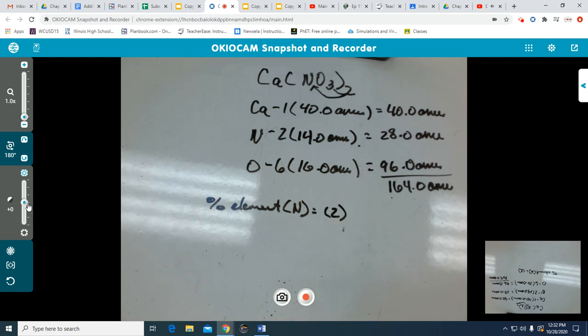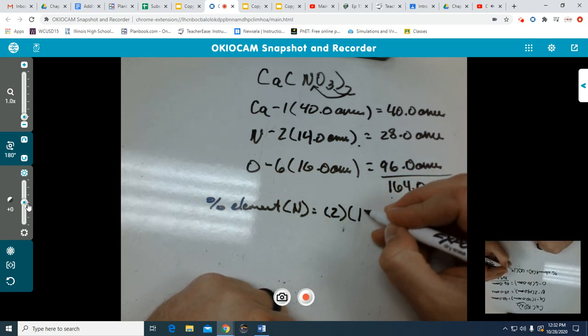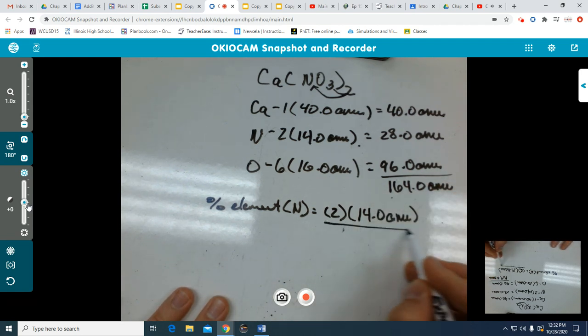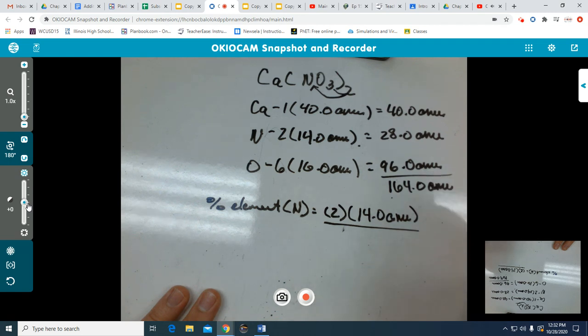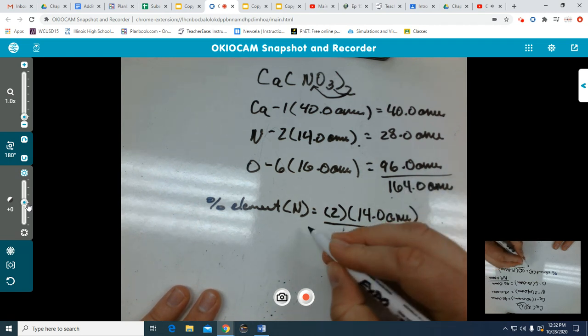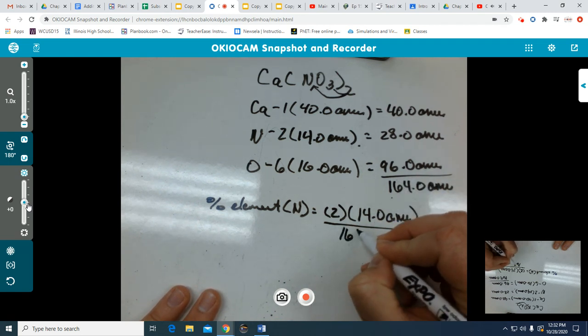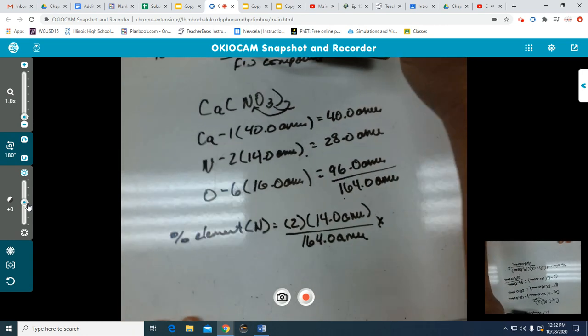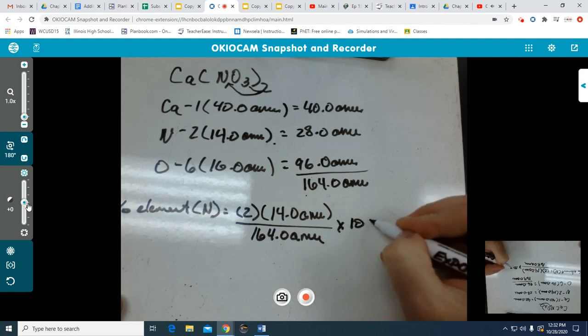Next, we multiply it by the atomic mass of a single atom of nitrogen, and that is 14.0 AMU. We then divide it by the overall formula weight of calcium nitrate, which is 164.0 AMU. And then our last step would be to multiply it by 100%.